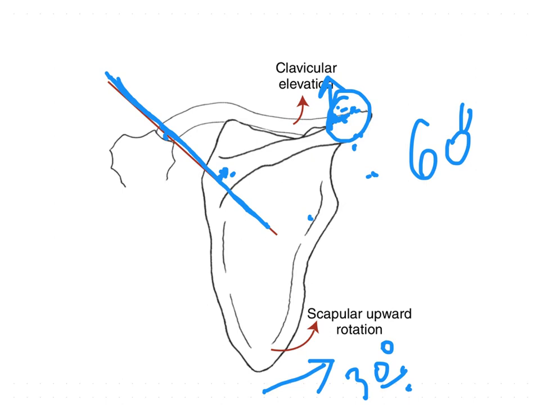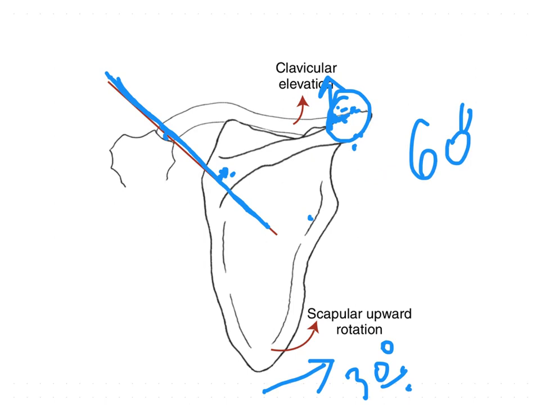That means 60 degrees of glenohumeral joint elevation can be seen, whether it is flexion or abduction. For example, in abduction, 30 degrees of scapular rotation helps in the remaining 60 degrees of glenohumeral abduction. Totally 90 degrees of abduction takes place at this first phase.